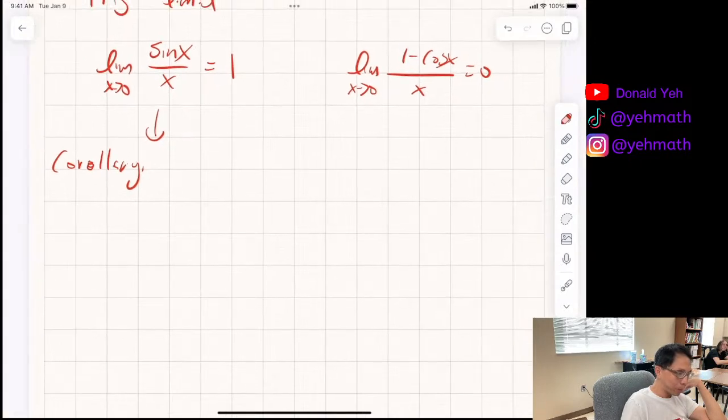All right. So that means, alternatively, that if sine x over x is equal to 1, that also tells me x over sine of x is equal to what? It should be 1. Why?